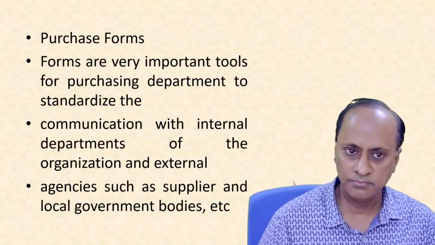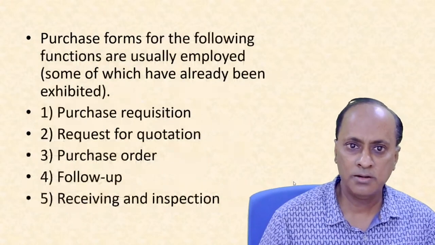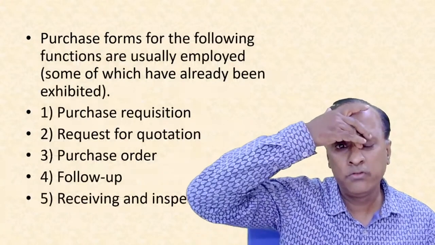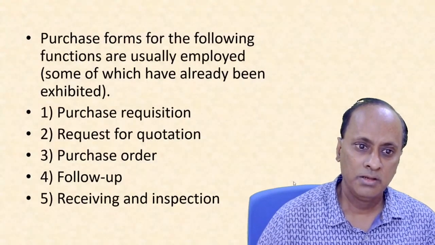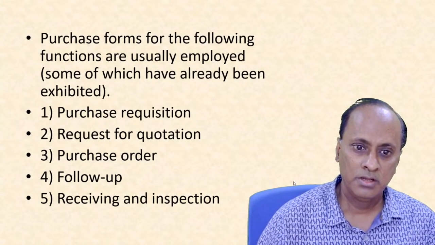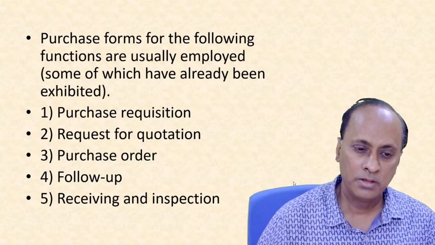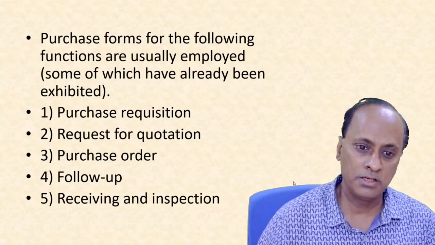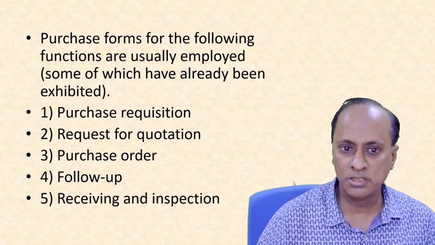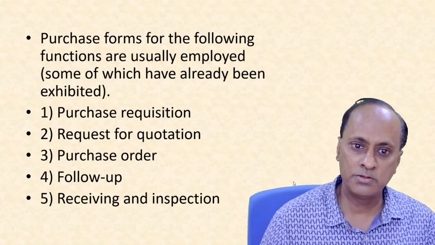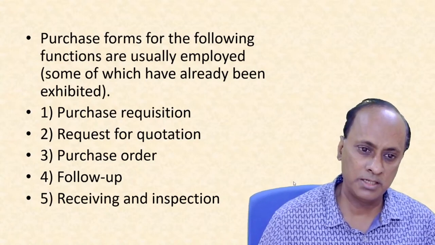Purchase forms for the following functions are usually employed, some of which have already been exhibited: purchase requisitions, request for quotations, purchase order, follow-up, receiving and inspection. So, purchase requisition: what are the requirements? Request for quotations from the suppliers.